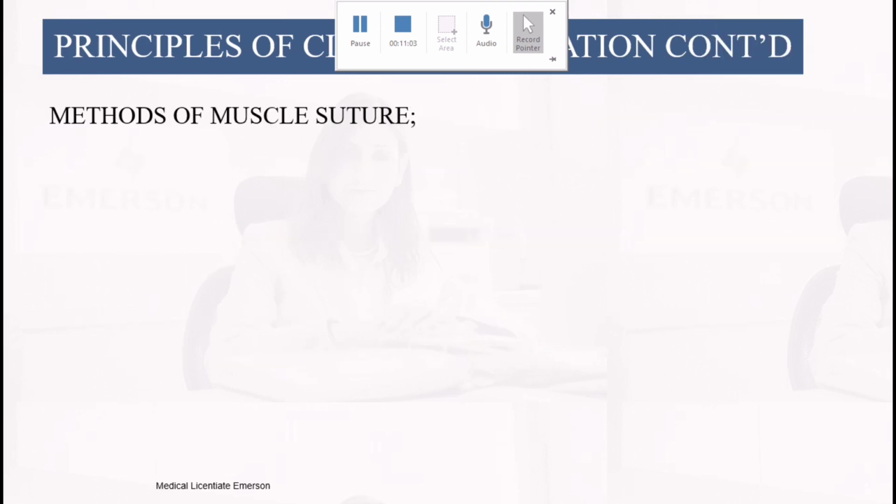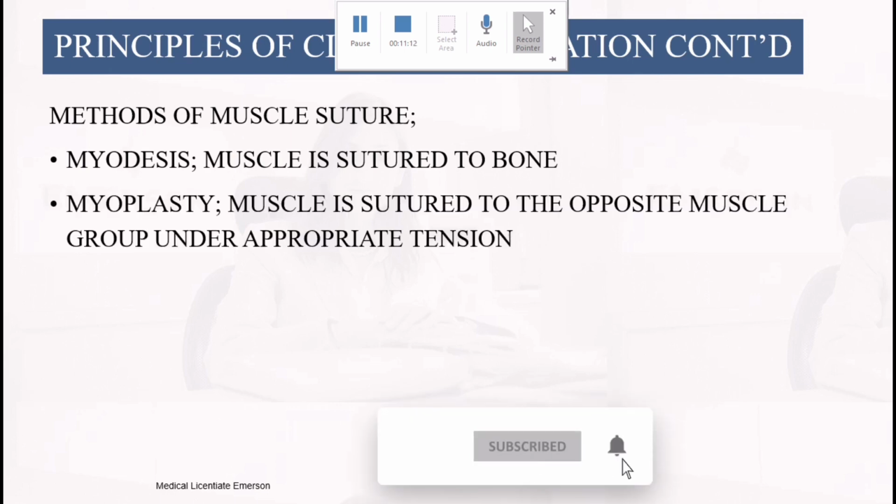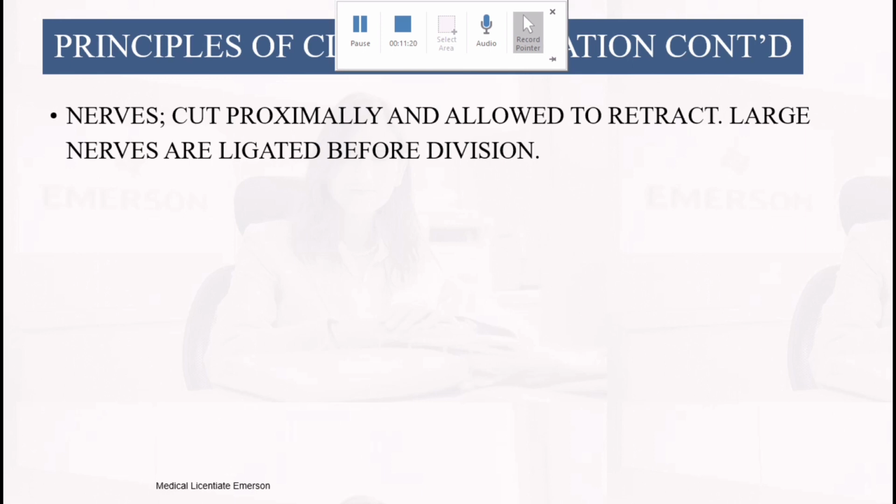The methods of suturing the muscle, we have two. We have myodesis, where we suture the muscle to the bone. Then we have myoplasty, where the muscle is sutured to the opposite muscle group under appropriate tension. Then we have nerves, where the nerves have to be cut proximally and allowed to retract.